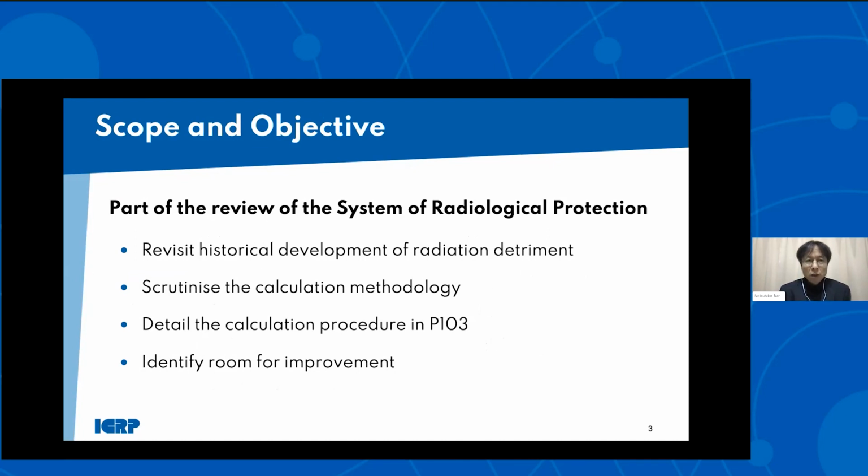The mandate of this task group was to revisit the historical development of radiation detriment, scrutinize the calculation methodology, in particular the detailed calculation procedure in Publication 103, and to identify room for improvement. This last part is just a discussion on possible improvement, so it should not be interpreted as a decision to make changes at this moment.